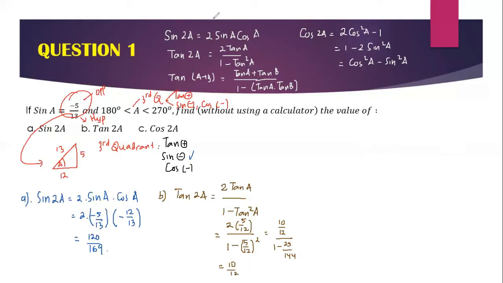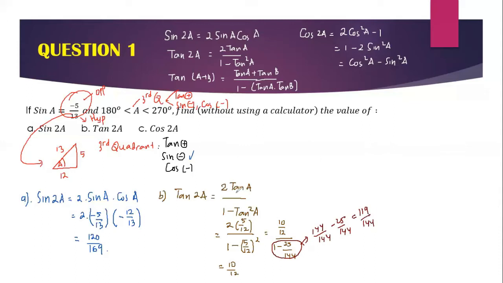And then you have to simplify this one first. 144 over 144 minus 25 over 144 is 119 over 144, right?